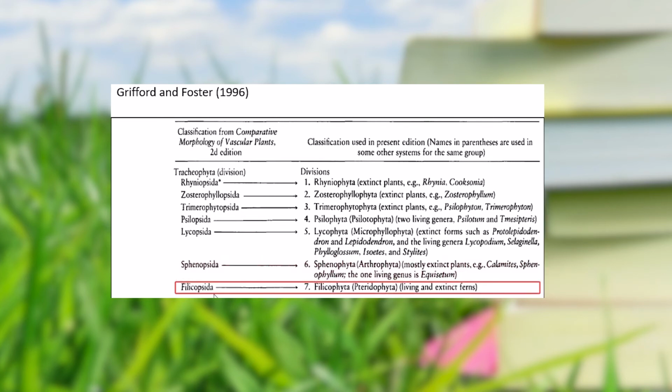And the last one, Filicopsida, was then again transferred to Filicophyta. It comprises living as well as extinct ferns.